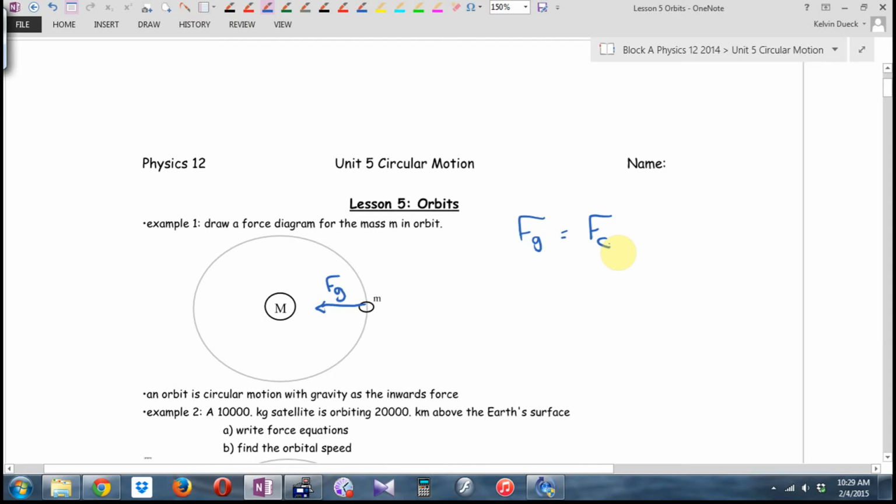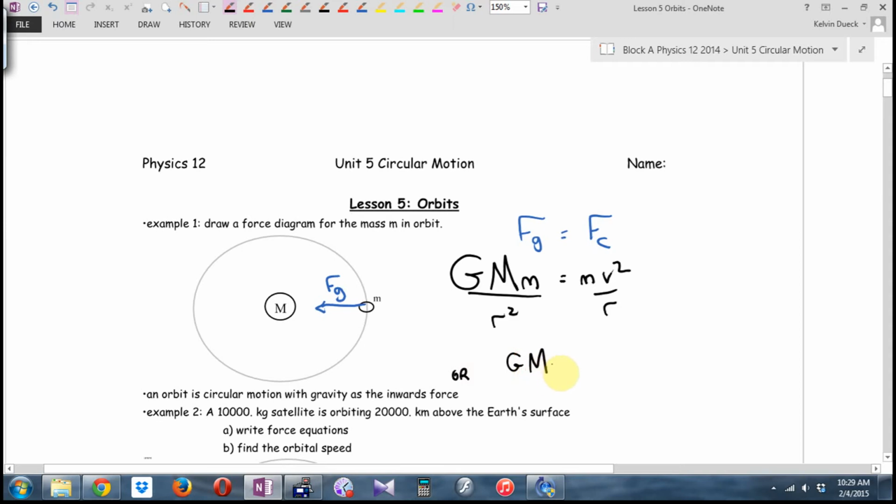Are we on the surface of the Earth? So can I, this is wrong, can I go like this? Which version of gravity must I use? Big G, big M, little m over r squared equals, and it's either going to equal mv squared over r if they tell me the orbital speed, or, guys with me?